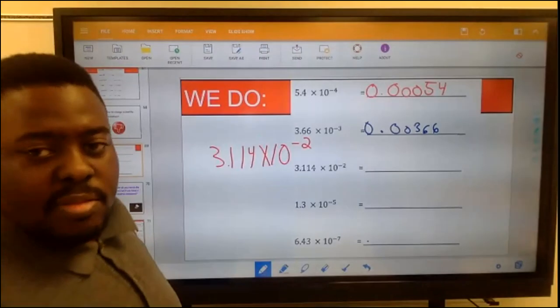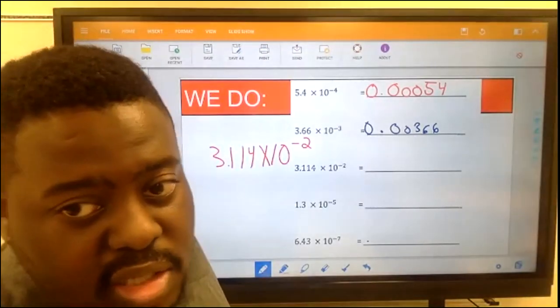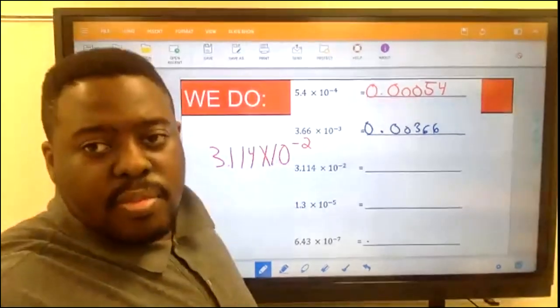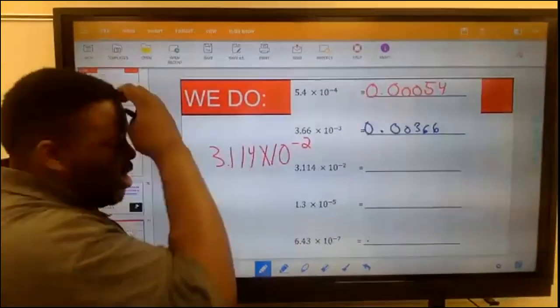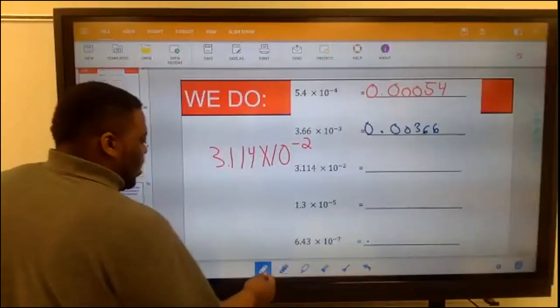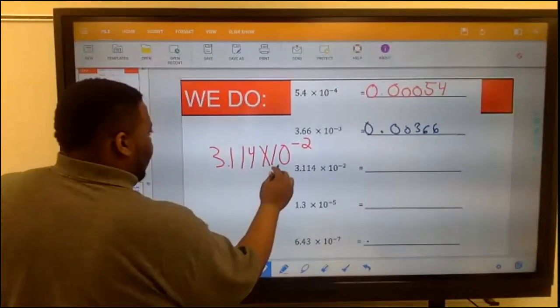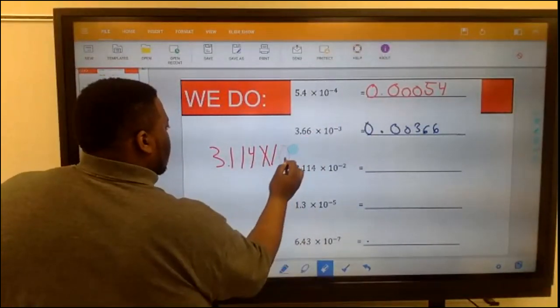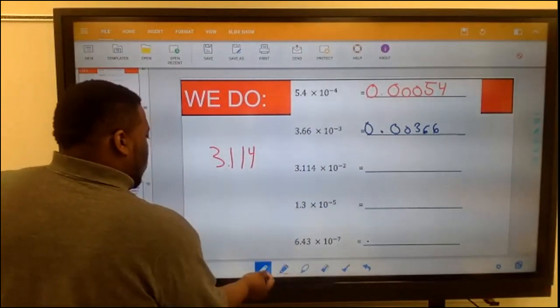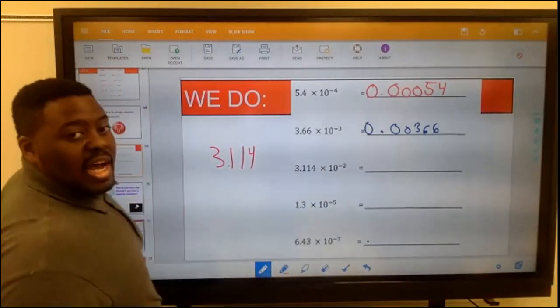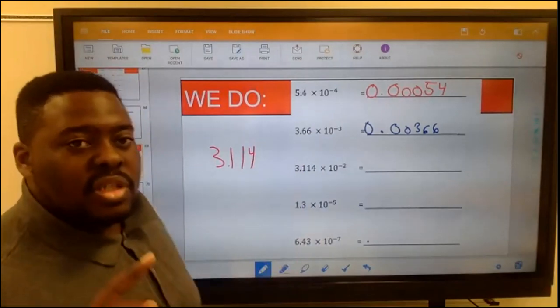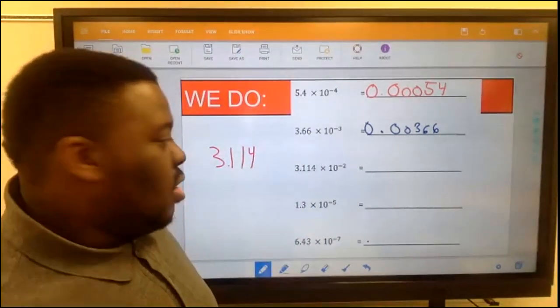So yes, I see most of the comments in there. That is correct. Make sure you're paying attention to where we're moving it. We're moving it 2 times to the left. We have to start at the decimal point.